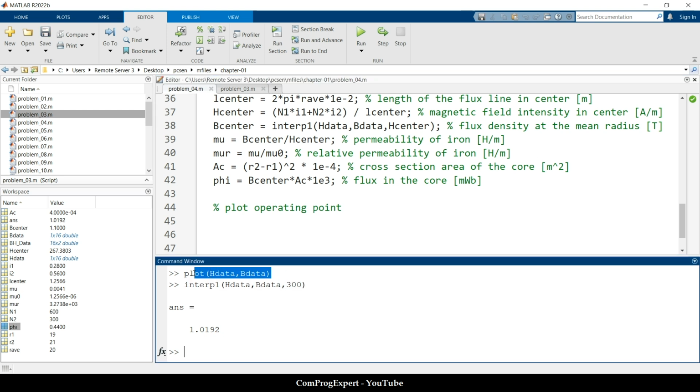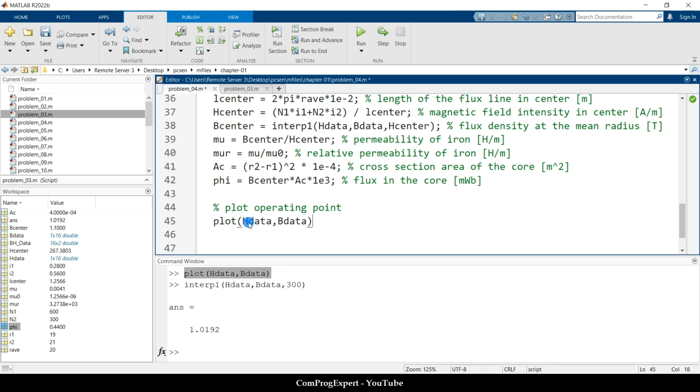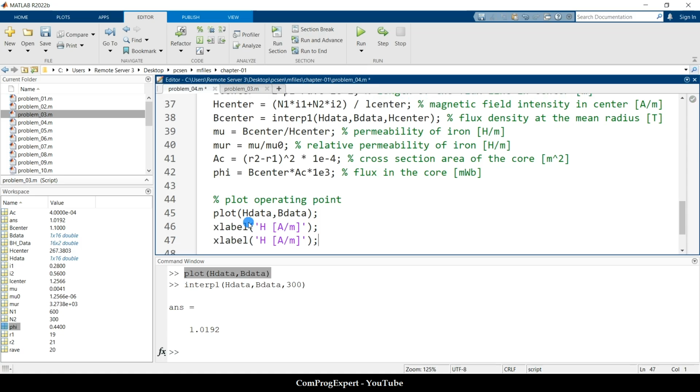Here we can plot this graph, set the x label. What is the x label? X label is H, the unit is ampere per meter. And the y label is B, the unit is Tesla.